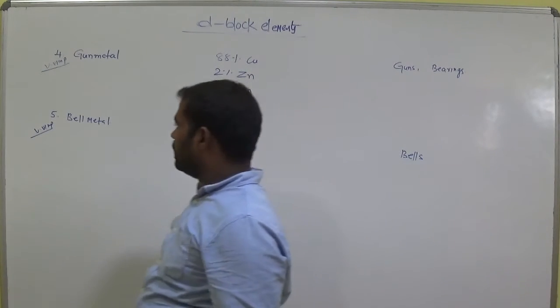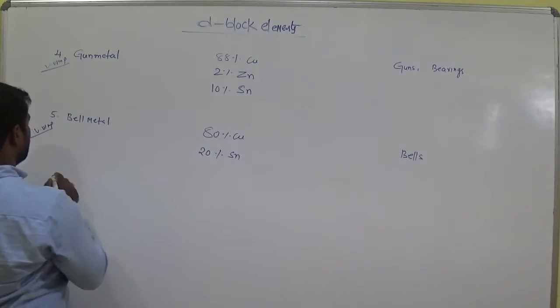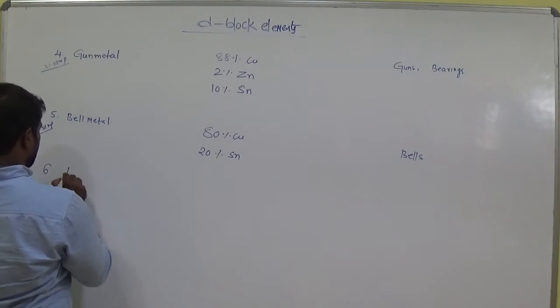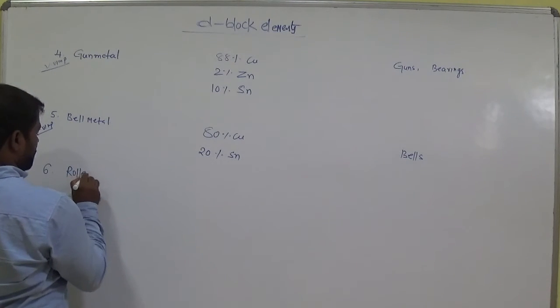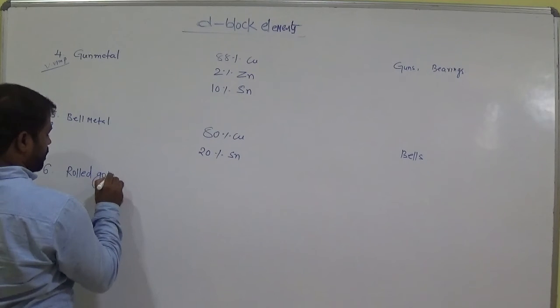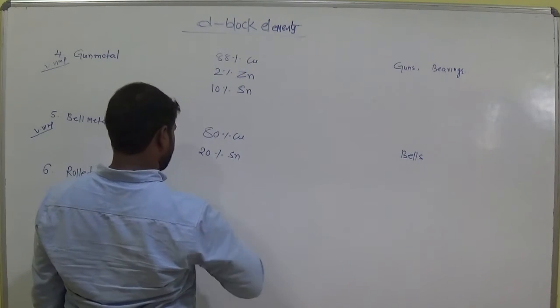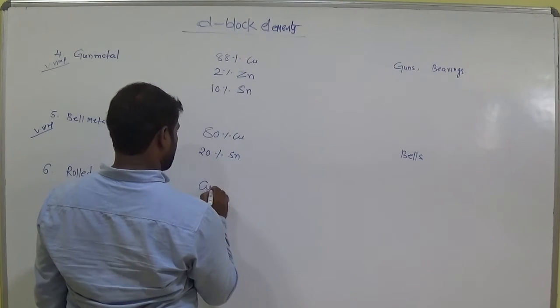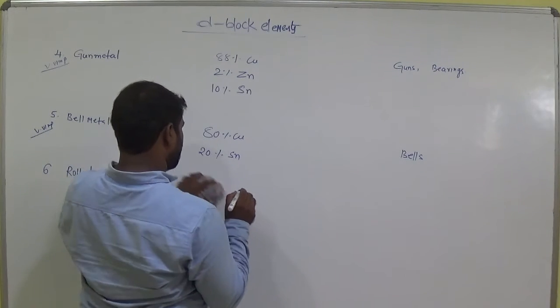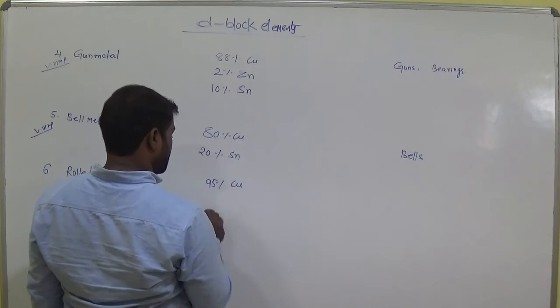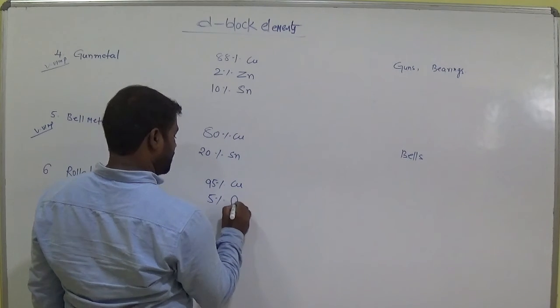And the sixth one is rolled gold. Rolled gold consists of 95% of copper and 5% of aluminium.